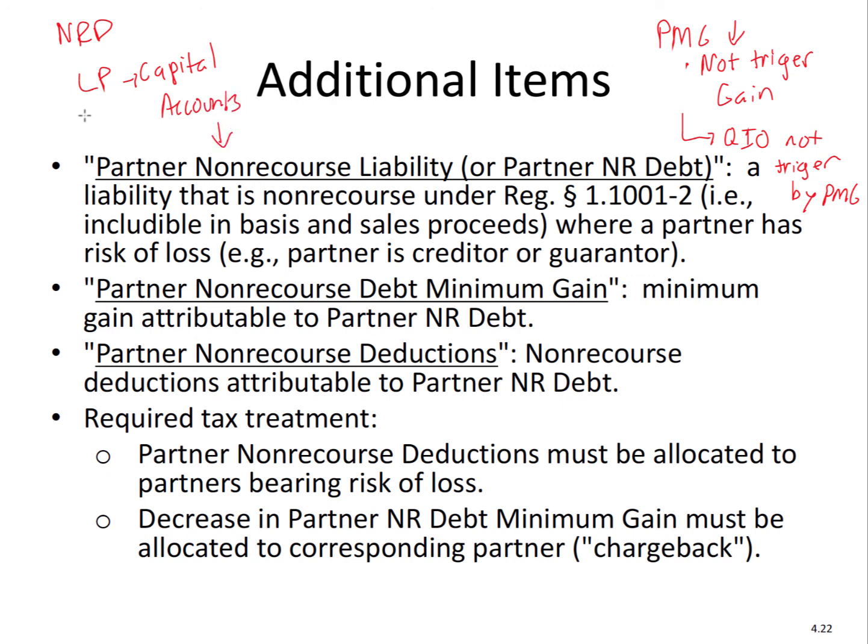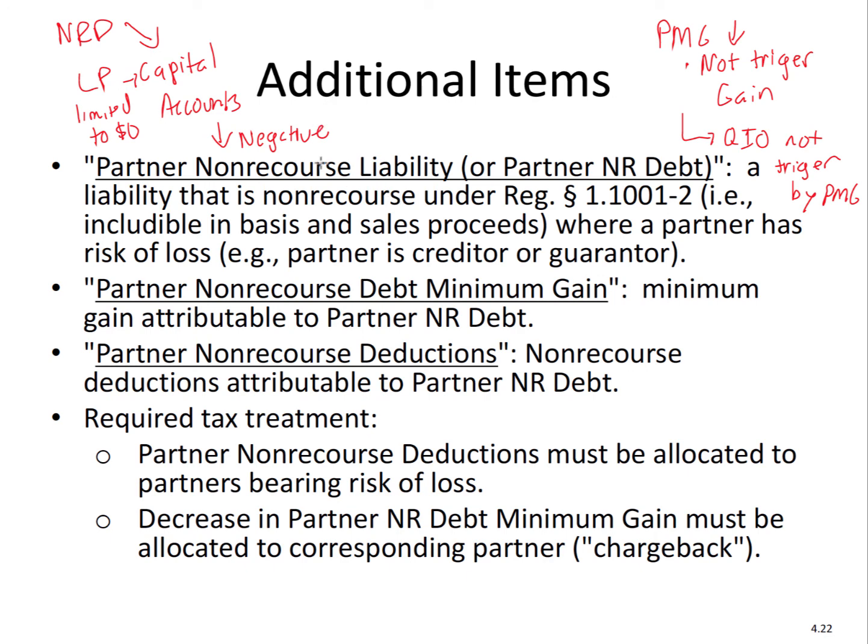Let's say we have a limited partner that is not expected to go negative, meaning they're not expected to contribute anything beyond their investment. So they're limited to $0 in capital. Well, with NRDs, the capital accounts will go negative eventually if you don't get rid of the property.